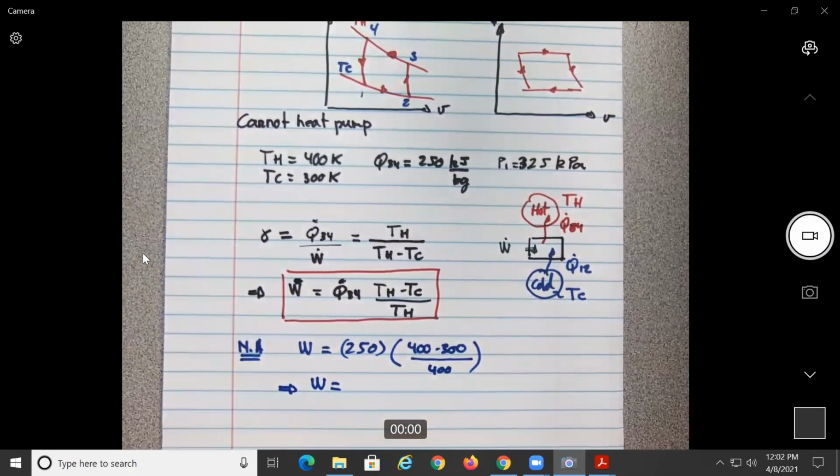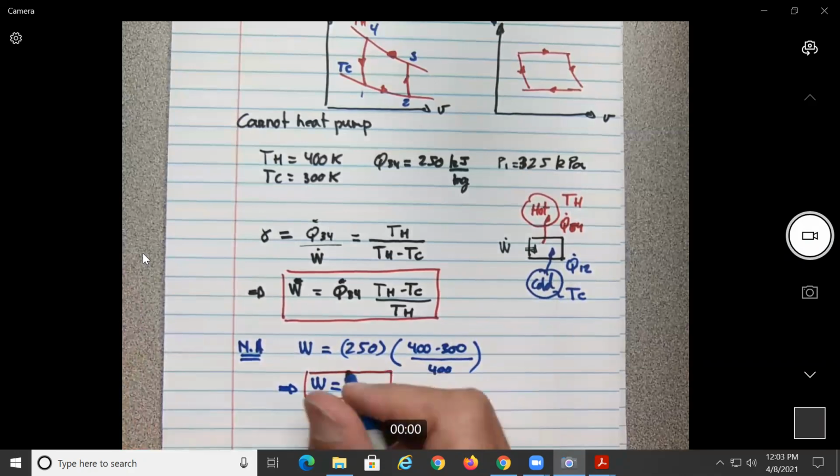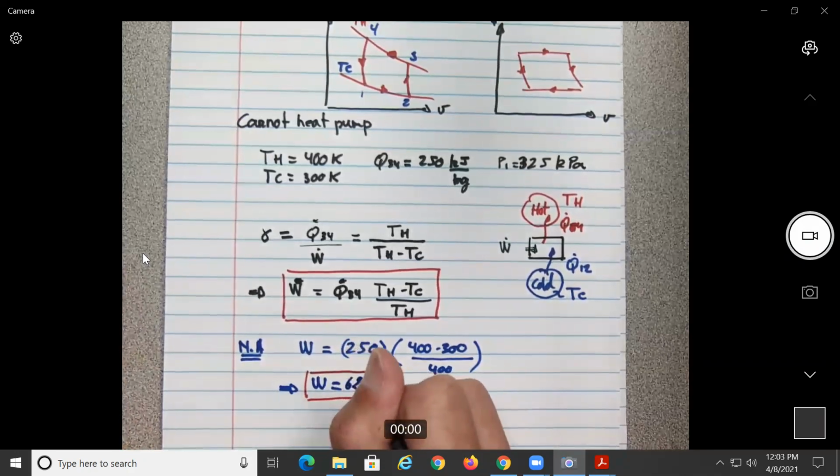So we get 250 divided by 4. Yeah, will be 62.5. We don't need to plug the numbers, 62.5.